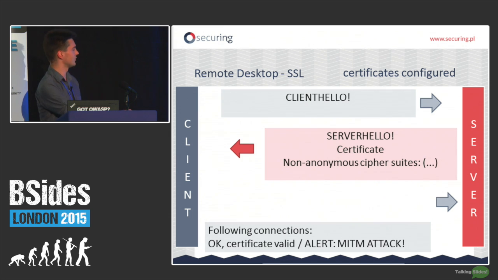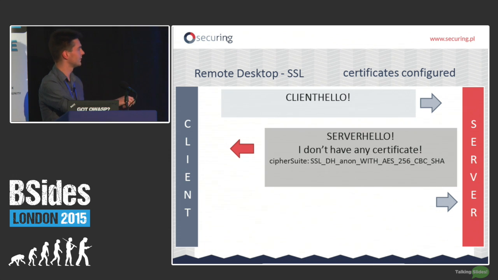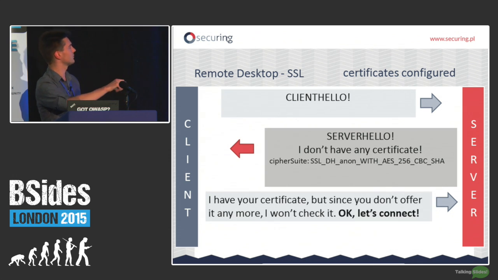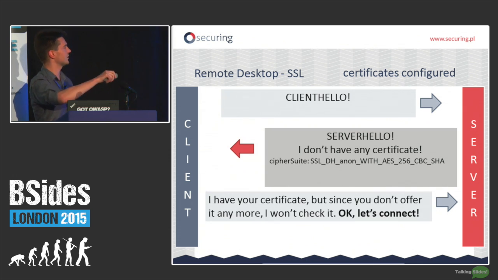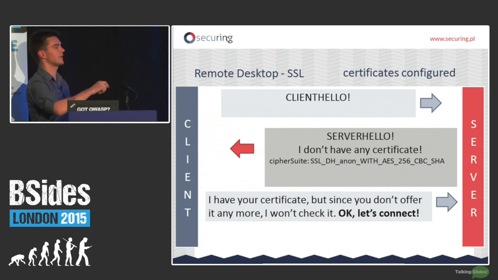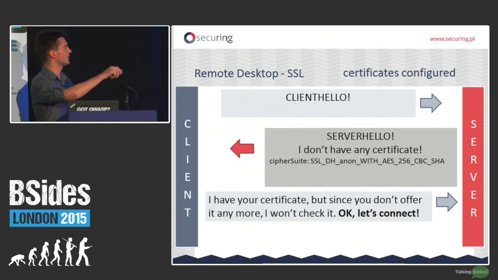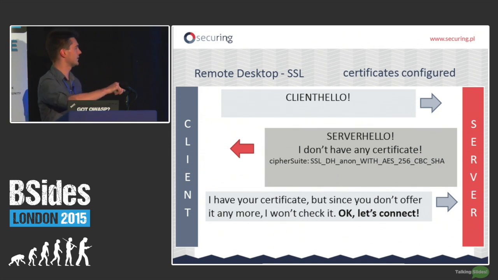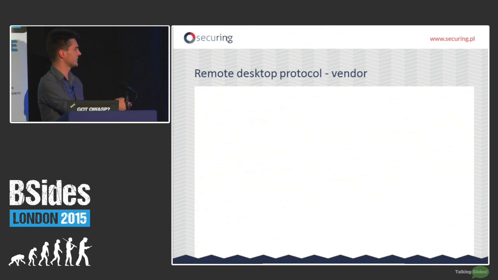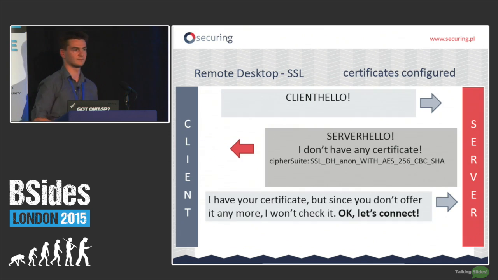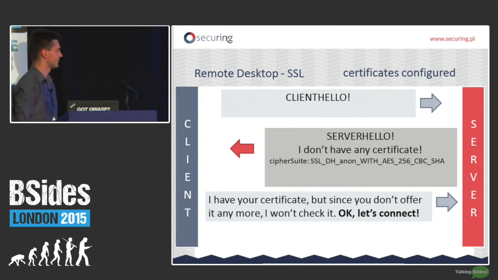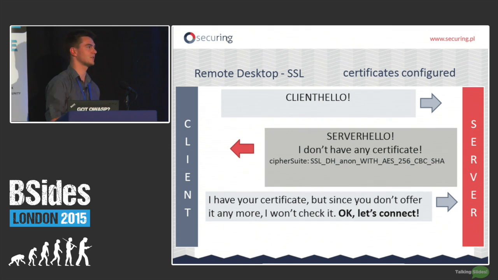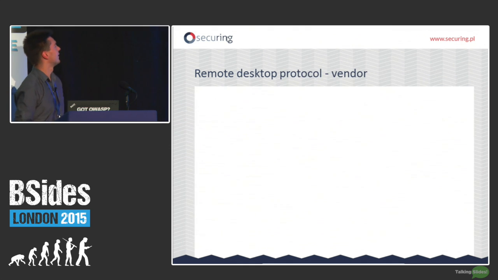If you connect with a wrong certificate, the server responded with an error. But if you changed the communication from the server to the client, so the client thought it should be an anonymous suite, and the client responded with no certificate, the server responded, okay, let's connect. So yeah, a lot of backwards compatibility vulnerabilities there.